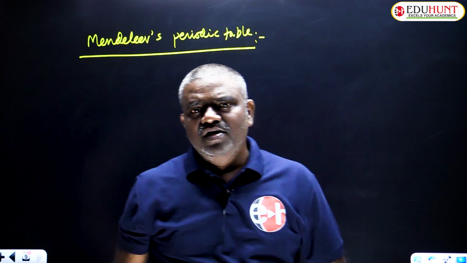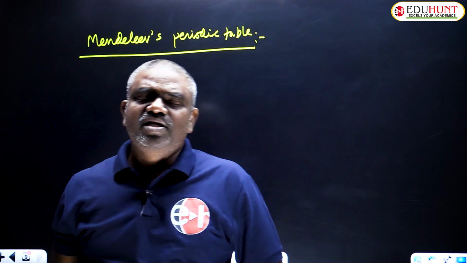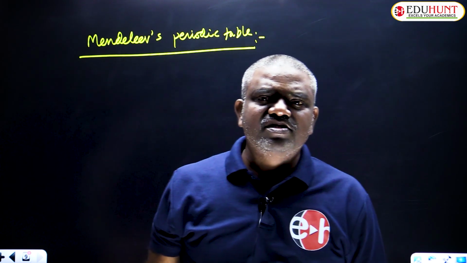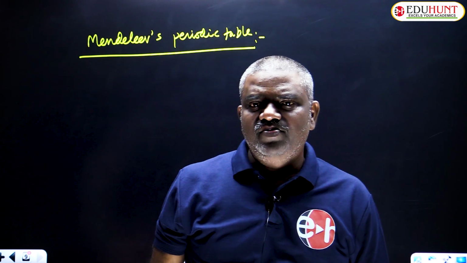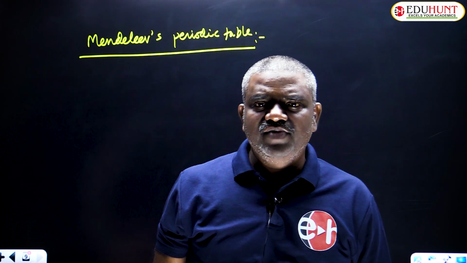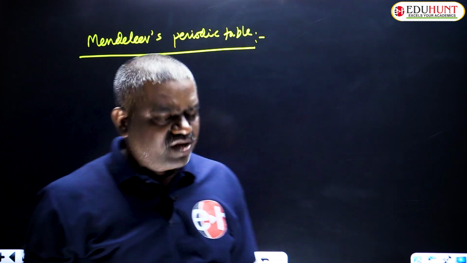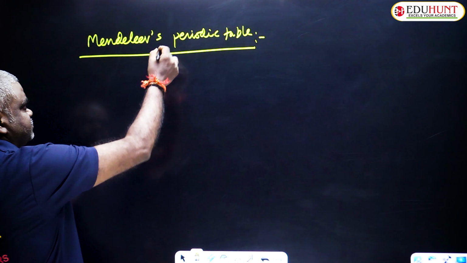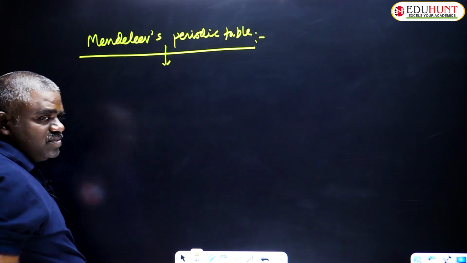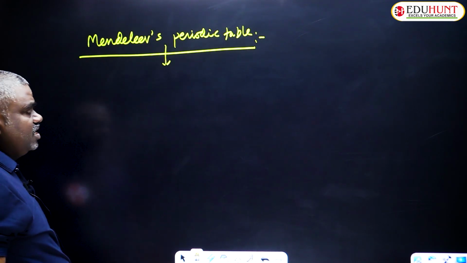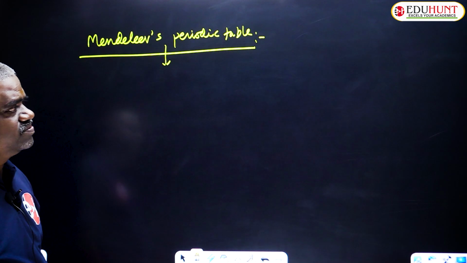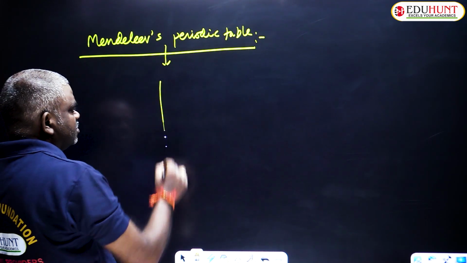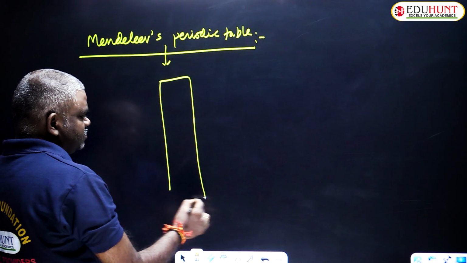Means the physical and chemical properties depend on the atomic mass of the element. So according to this, Mendeleev constructed vertical columns and horizontal rows. The vertical columns are called groups.